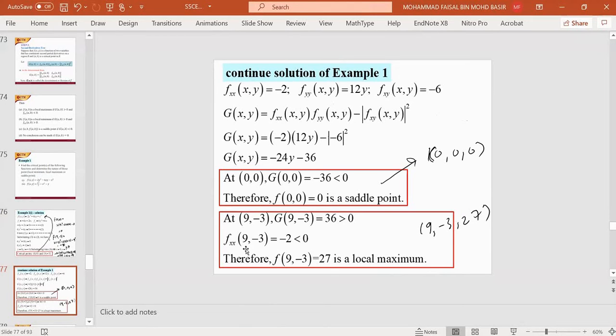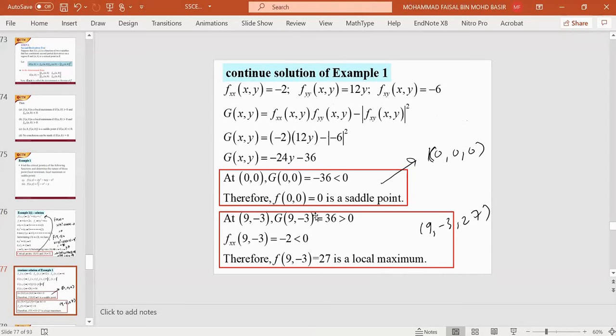So for g at (9, -3), you substitute here. There is no value for x, so you put negative 3 here. And then you get 36.